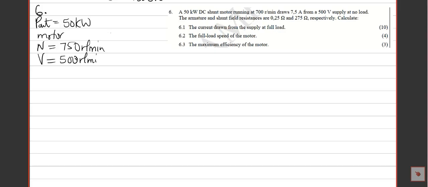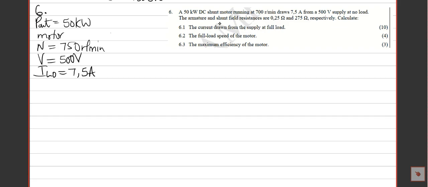So it draws this ILO, it draws it from the supply, 7,5 amps.